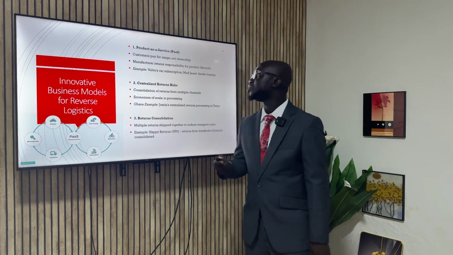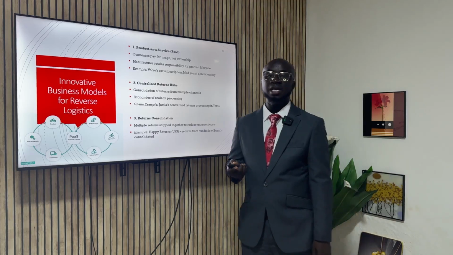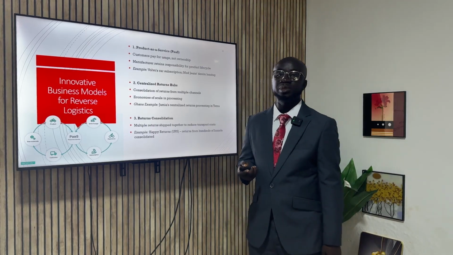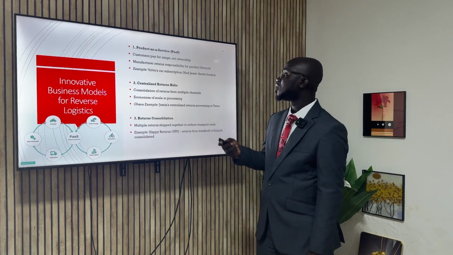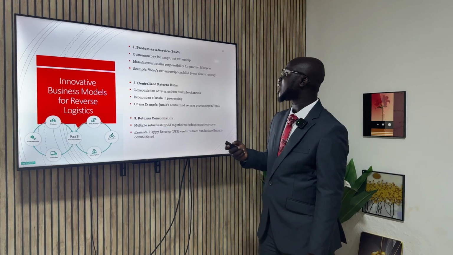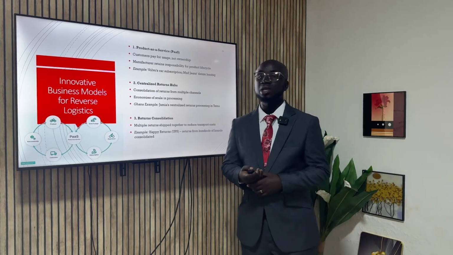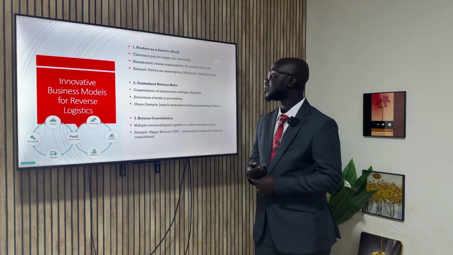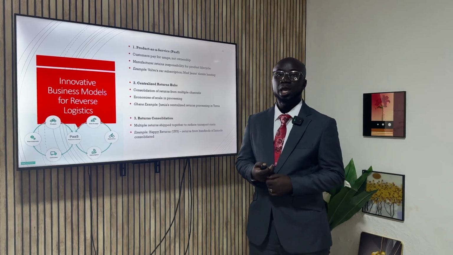You are paying for usage and you don't own the product. By so doing, manufacturers are able to retain responsibility for the product life cycle. A great example is Volvo's car subscription and denim leasing, where they are able to lease vehicles without you actually owning them.